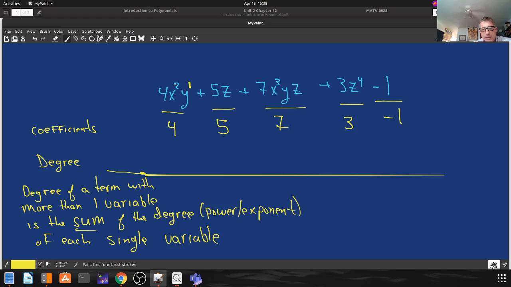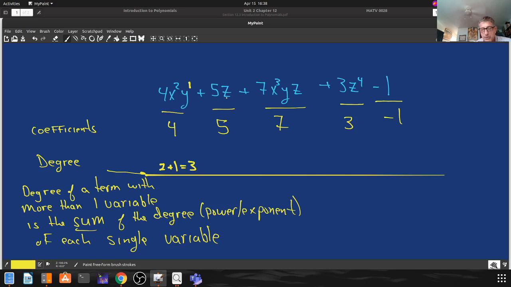So I take the exponent values on each of the variables and I add them. So the degree of this term is 2 plus 1, which is equal to 3. So the degree of the first term is 3.